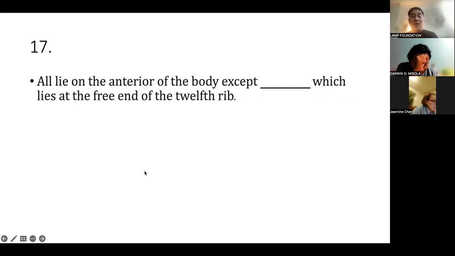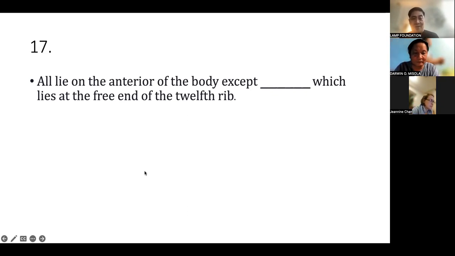Okay. All front view points lie on the anterior of the body, except what point? Which lies at the free end of the 12th rib. Of course, we're referring to a front view here. Gallbladder. GB 25, Doc?